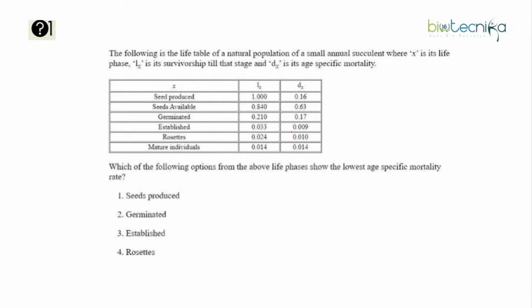Established, 0.009 divided by 0.033, which is 0.27. Rosettes, it is 0.010 divided by 0.024. That will give you 0.41. Matured, you will get 0.014 divided by 0.014, that will be 1. So what should be the correct one? You have to find the lowest age specific mortality rate.